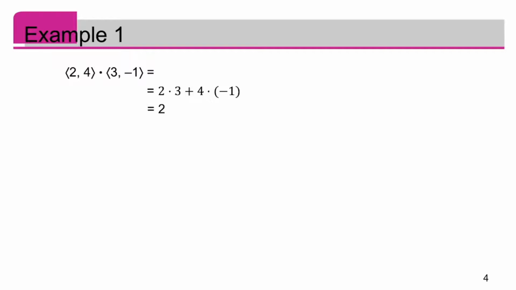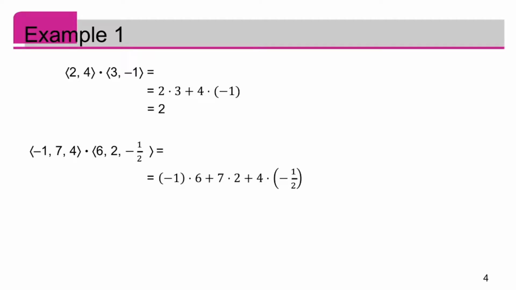If you need to, use your calculator, but I hope you can do this part in your head. Onward. What about this? (-1, 7, 4) dotted with (6, 2, -1/2). First of all, multiply component-wise: -1 times 6 plus 7 times 2 plus 4 times -1/2. Then you just add that up, and I got 6. I hope that's what you get as well.